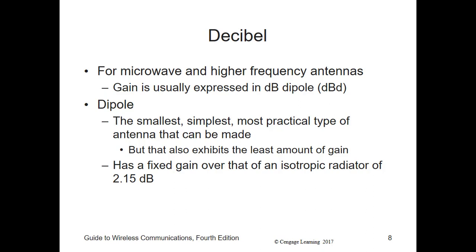A dipole is the smallest, simplest, most practical type of antenna that can be made and exhibits the least amount of gain. A dipole has a fixed gain of 2.15 dB over that of an isotropic radiator. Therefore, if the gain of the antenna is 5 dBd, to convert it to dBi, you simply add 2.5 to the 5 and you get 7.5 dBi.